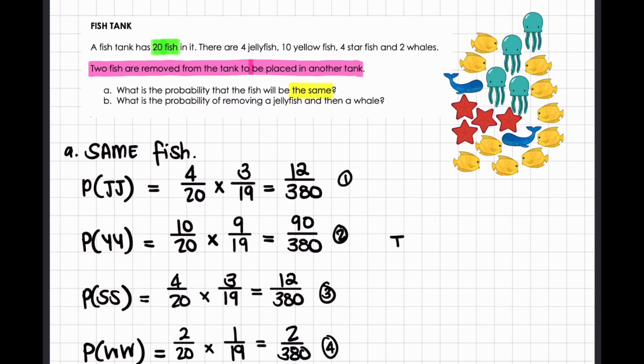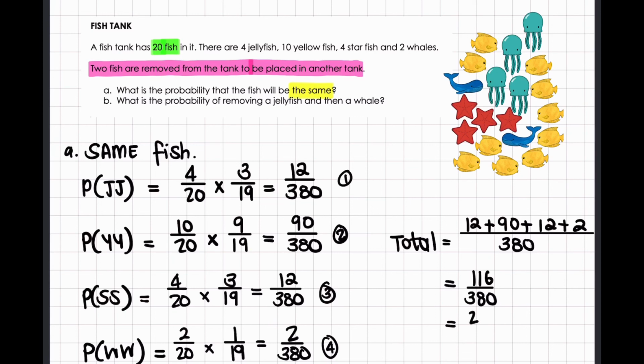So my total probability would be equal to, because they're all out of 380, it would be 12 plus 90 plus 12 plus 2 out of 380 chance. So that gives me 116 out of 380 chance of picking 2 of the same fish, and that simplified down becomes 29 over 95. So I have a 29 out of 95 chance of picking 2 of the same fish.